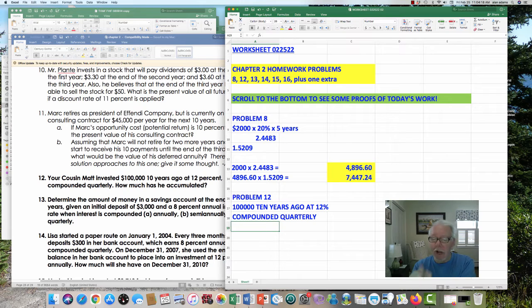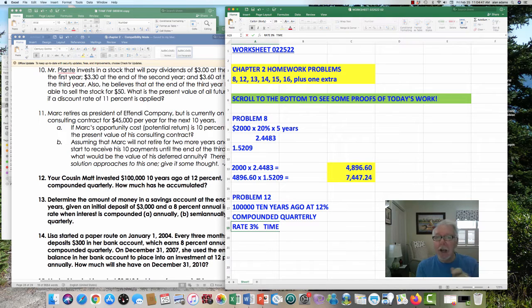Now, before we use it, however, we have to do 2 pieces of surgery on it. Quarterly, that means 4 times a year. We do 2 things to table number 1 before we use it. We divide the interest rate by 4, and we multiply the periods by 4. So first divide the interest rate. 12% divided by 4 means we're going to use 3%.